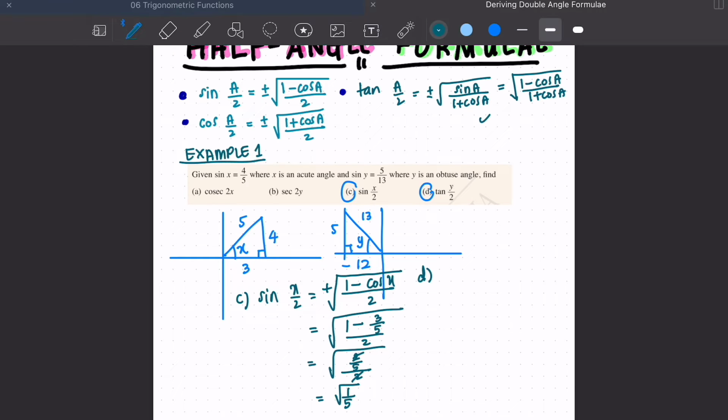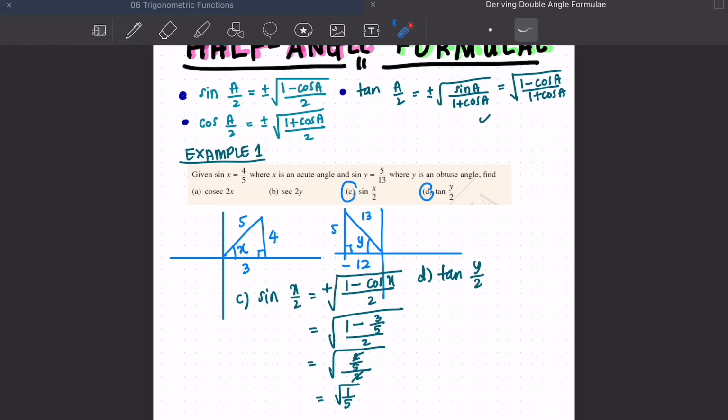So we go to the last example, tan y over 2. To find tan y over 2, we have to refer to this second triangle. We know that y is an obtuse angle, y is here, and this here is the reference angle.